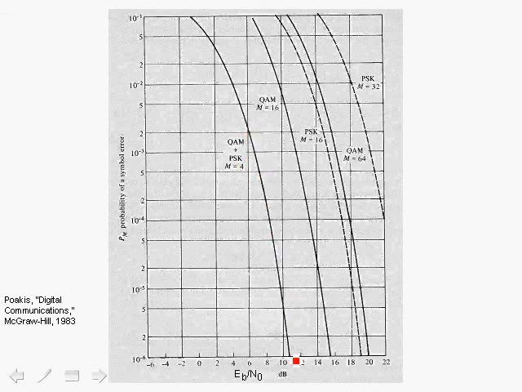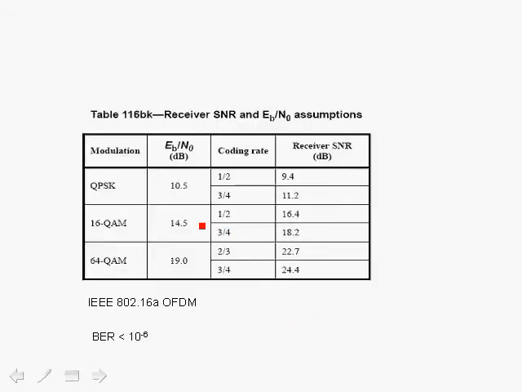As expected, we get a bit error rate of 10 to the minus 6 at Eb/N0 equals 10.5 dB. Let's go back to this table, and you see that for QPSK at a bit error rate of 10 to the minus 6, the Eb/N0 is equal to 10.5. So that's why it's very important to relate performance to Eb/N0.